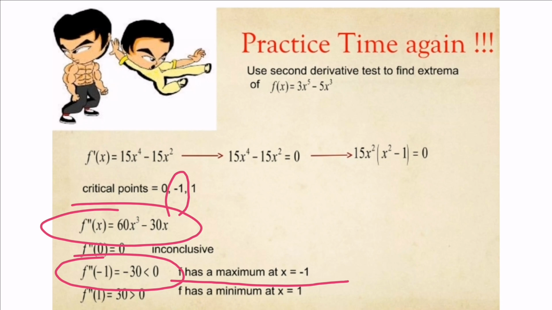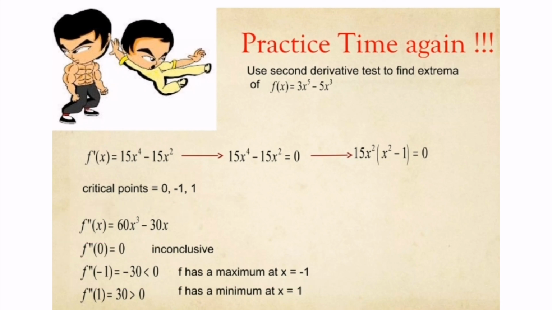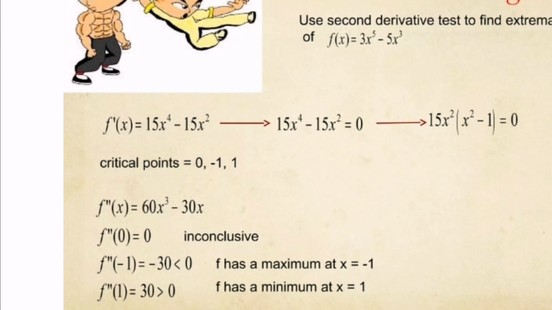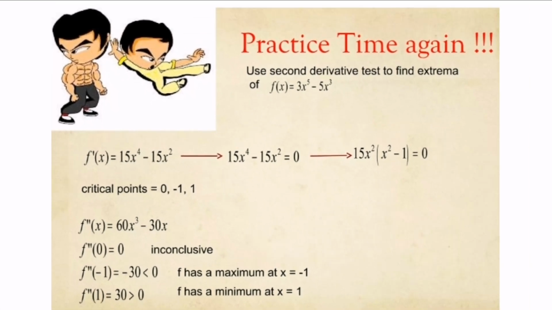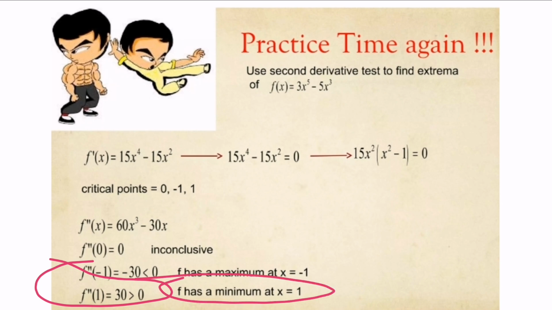Now if we substitute the third critical point x equal to 1 in the second derivative, we get 30. Clearly 30 is greater than 0, so f has a minima at x equal to 1.